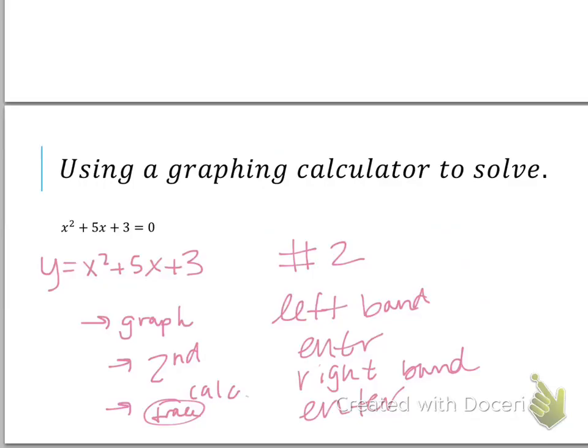And then the next point you want to try to get really close to where that 0 is, and you will press enter again. And then it will tell you that exact point of where it's at. So this one's at negative 0.6970. Okay, so that's the right one. Now you have to do the left one because there's two of them. Whenever you do quadratics, that's why it's a squared. So you'd have to do the exact same thing to find the other one.